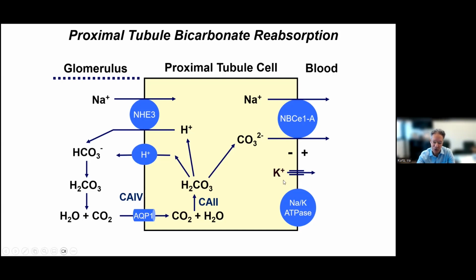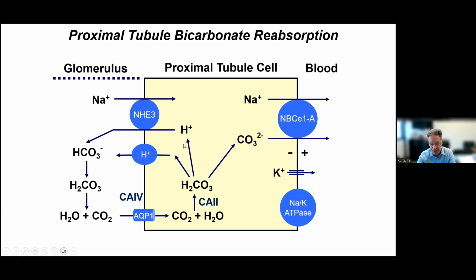There are some models where there's a potassium channel here, and when it's mutated, you lose the voltage. Or if the sodium pump gets perturbed clinically, you're going to affect proximal tubule bicarbonate absorption. So just something to keep in mind. This is how the bicarbonate that gets through the glomerulus, around 4 moles a day, is to a great extent absorbed, since most of this absorption occurs in the proximal tubule.